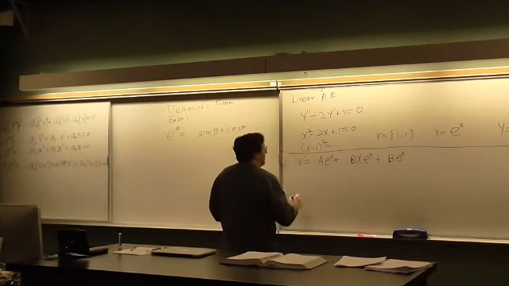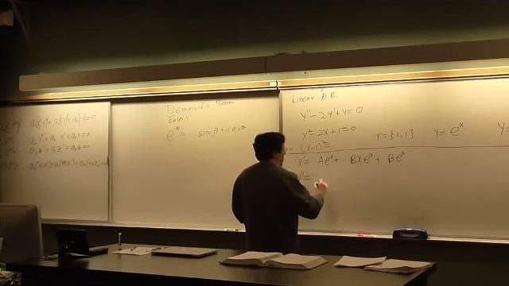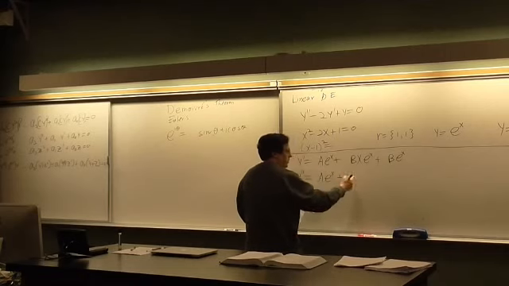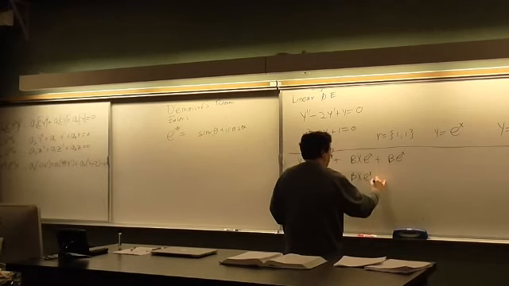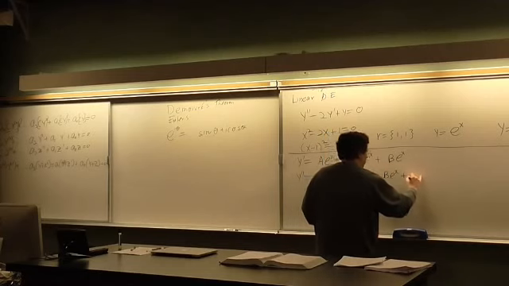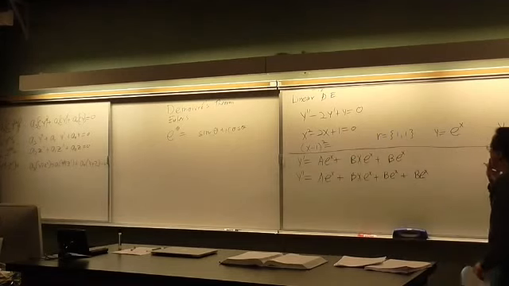And now I need the second derivative. It's going to be a e to the x. Well, I have to do that again here. B x e to the x plus b e to the x plus b e to the x.